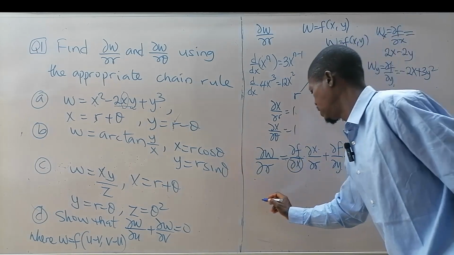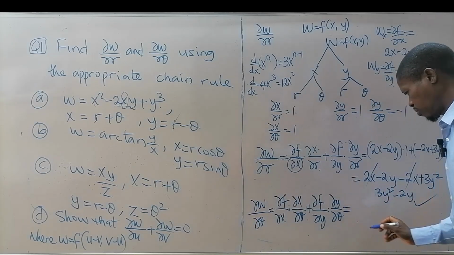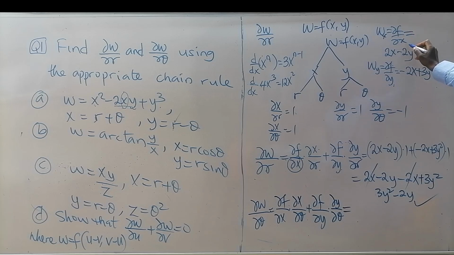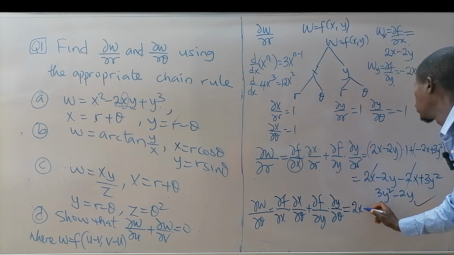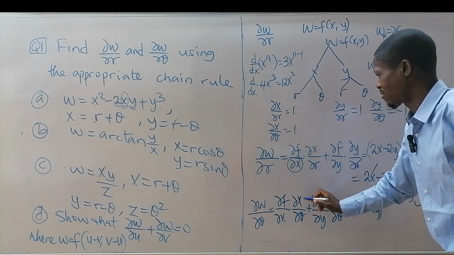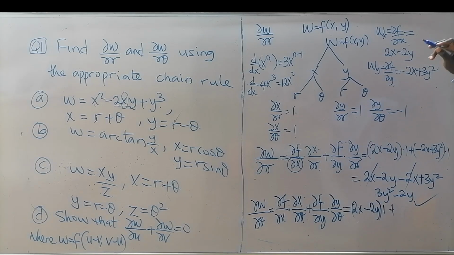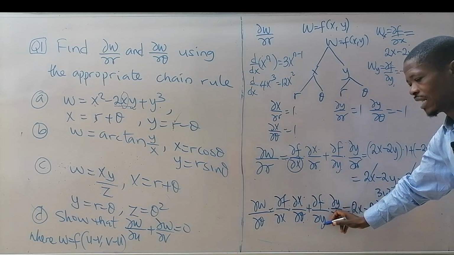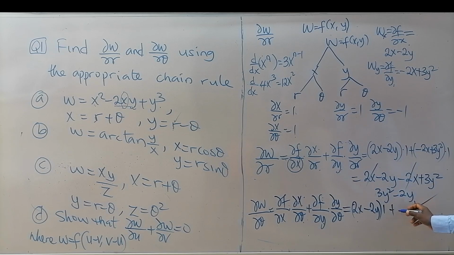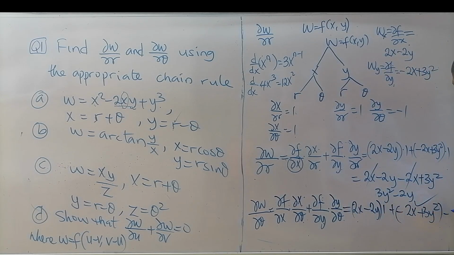Can we also do ∂w/∂θ? Let's do the substitution. ∂f/∂x, we have 2x minus 2y times ∂x/∂θ, that's also 1. The partial derivative of f with respect to y, which is minus 2x plus 3y squared, times the partial derivative of y with respect to θ, that's minus 1.